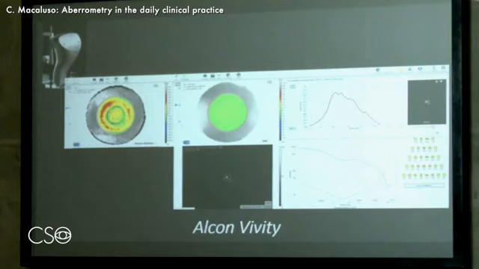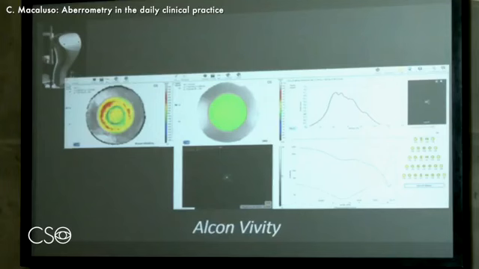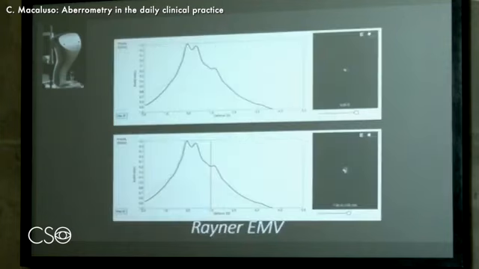And this is just to show that you can select here the wavefront map or the refractive error map. With the refractive error map, the anatomy, let's say, of the IOL can be very well appreciated. This is another IOL.